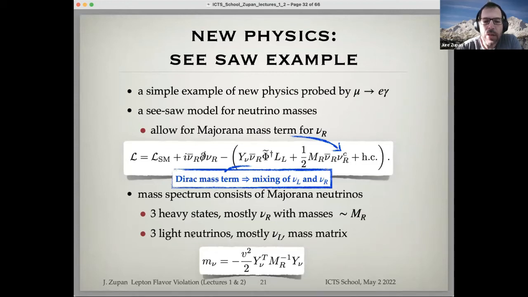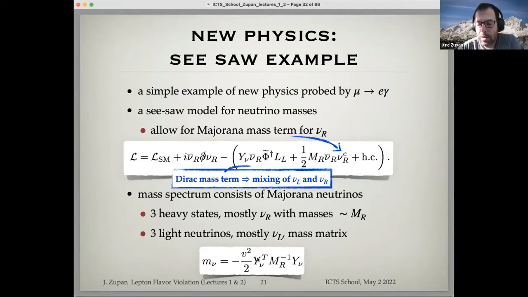And then there are 3 light neutrinos. They're mostly left-handed, and the mass matrix has this form: 2 insertions of the Dirac neutrino mass matrix, times 1 over MR. That's the seesaw. If you take MR bigger, then the neutrino masses will be smaller.